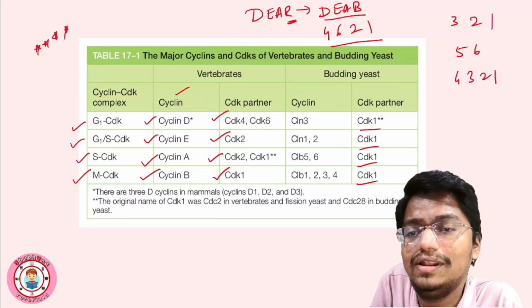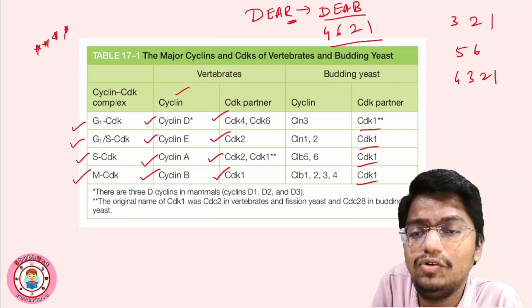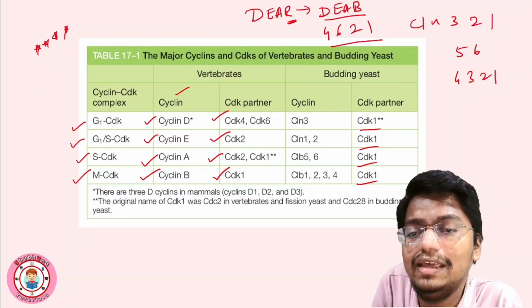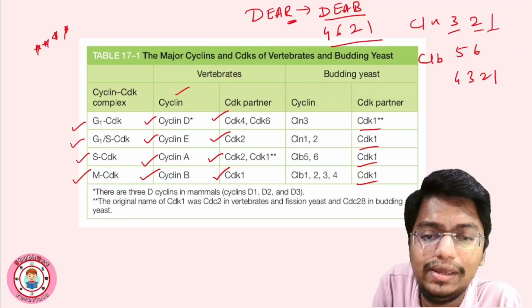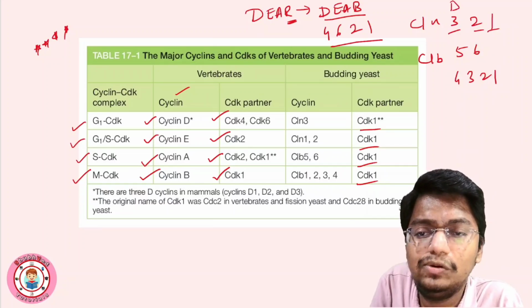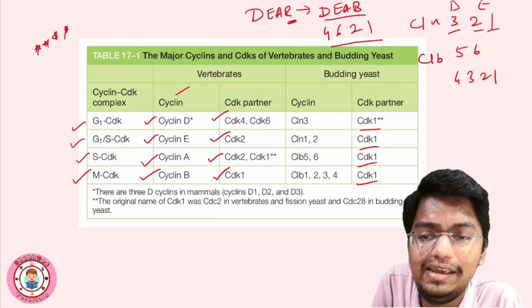Okay, ये numbers remember. And this is first of all CLN, right? CLN, and this is about CLB. First 3, then 2, 1. Okay. D का counterpart है, and this is of E. This is A, and this is B.